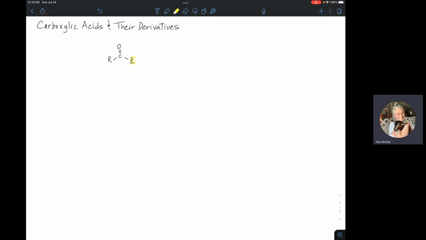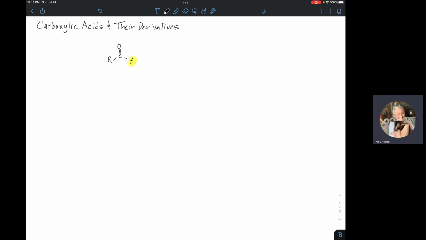This right here is going to be important to us in the sense that in this particular chapter, we're going to be dealing with groups. Z is a group that can be replaced potentially by an incoming nucleophile.